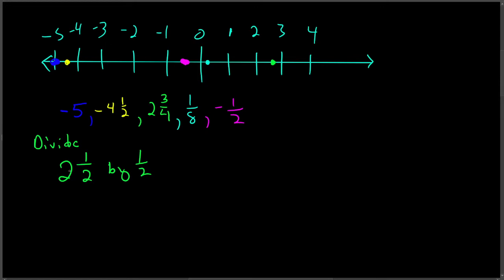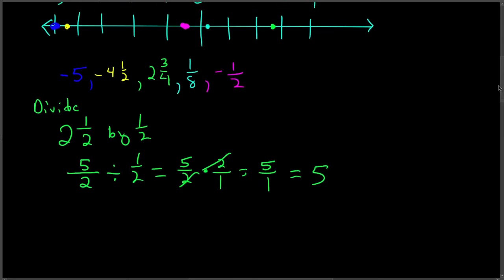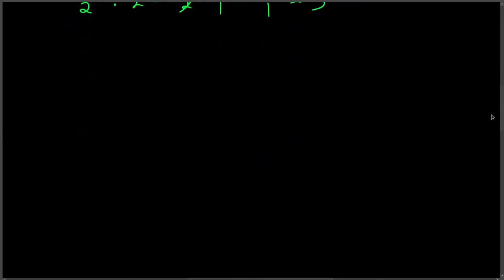So 2 times 2 is 4, plus 1 is 5, and that all gets over the original denominator. Then I'm going to divide that by 1/2, but I can write division as multiplication by the reciprocal, and the 2's will cancel, so I get 5/1, which is 5. And so the improper fractions really make it easier to calculate.